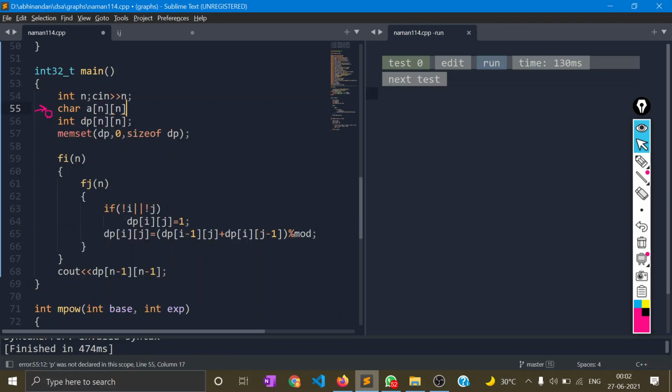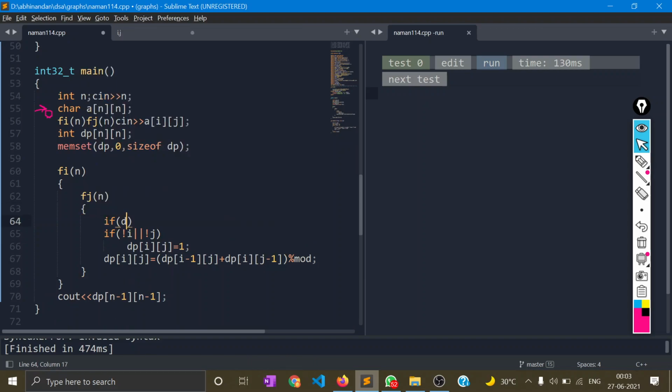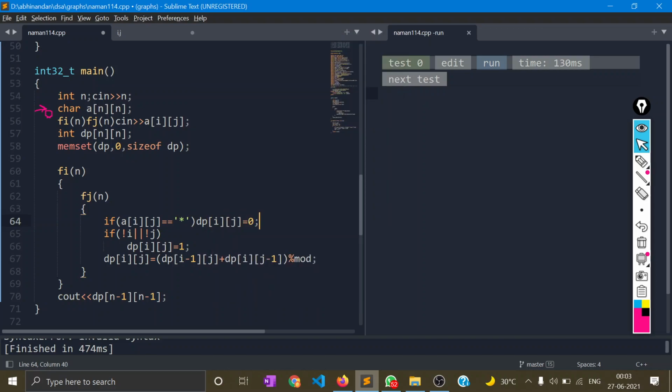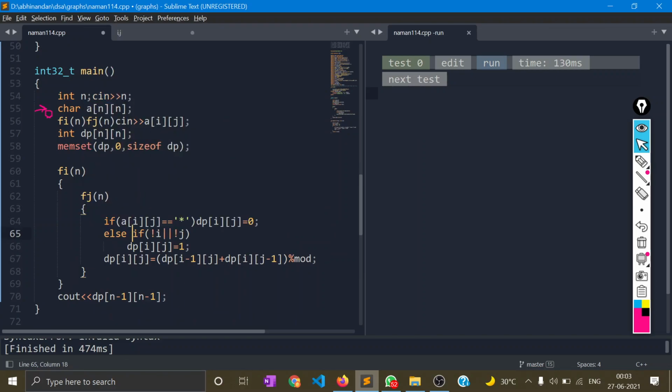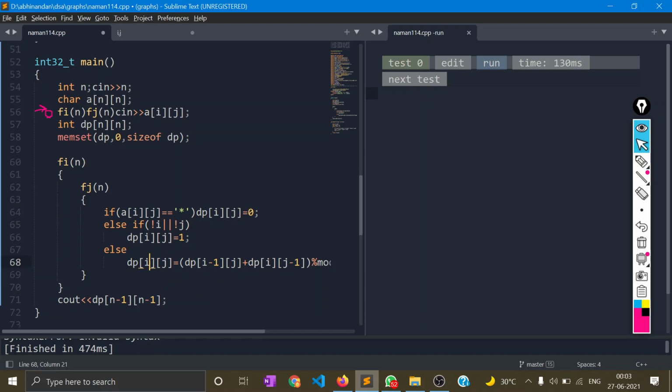I have to input a character array as well. Right? And after inputting the character array, if it is a trap, that is, k[i][j] is a trap, then dp[i][j] is equal to this.